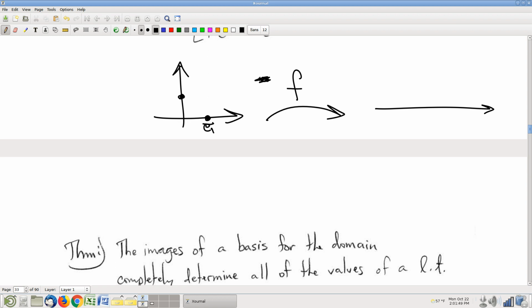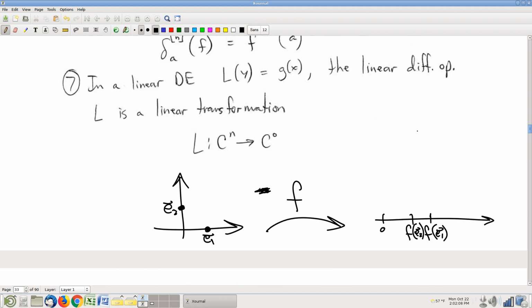Now that makes a basis. Suppose I were to tell you the value of f of E1, and the value of f of E2. A couple of values there. That's all I'm telling you about the function.